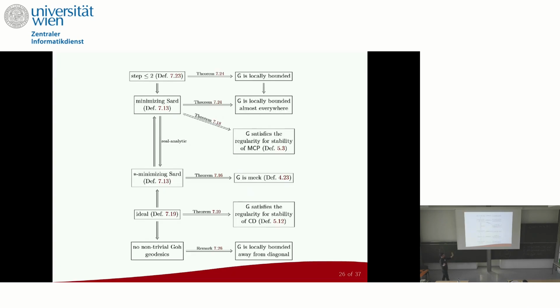Good. I will not explain this, but this is just to show you that in this specific situation of sub-Riemannian manifolds, if you want some assumption on G, the one you prefer, you want G locally bounded, then maybe you can take your manifold to have step 2.